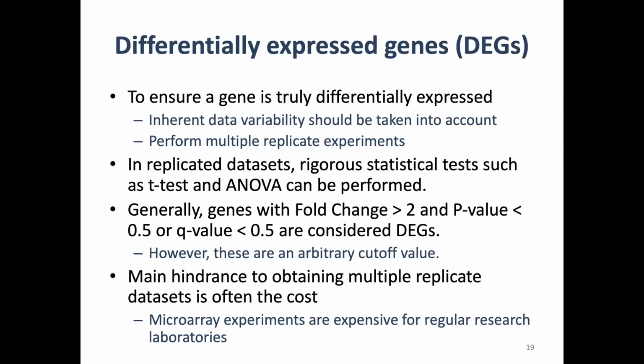People may say, okay, I want a fold change higher than 2, maybe 3, maybe 10. If you have a very high number of differentially expressed genes, then you may want to go with a p-value less than 0.01, or a q-value of 0.01. Or if very few genes are differentially expressed, then you may want to go with a higher p-value.